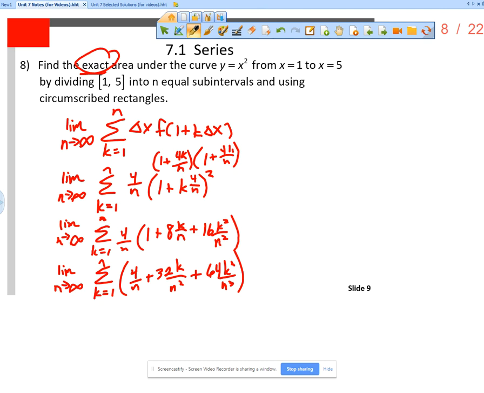Now, remember what we were doing yesterday: we're not distributing, sorry, we are separating into three separate summations. So now all of this stuff is inside of the limit.